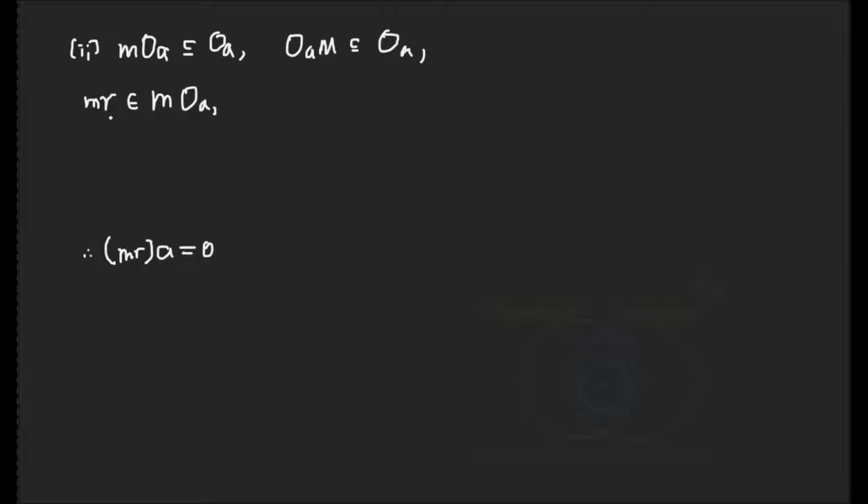In this case r is an element in O_A, so you can say 0 is rA. This means 0 is equal to 0 times m.